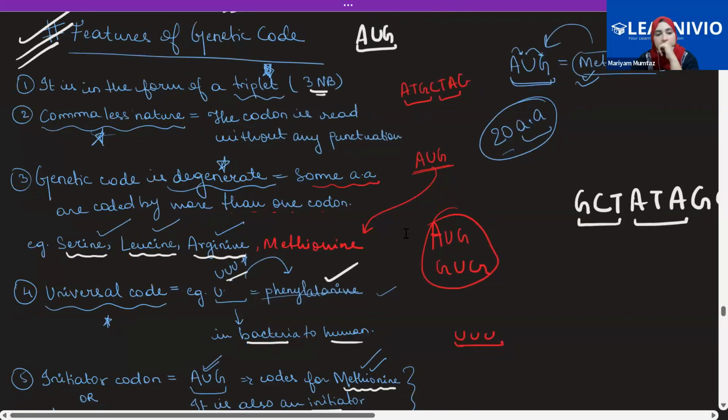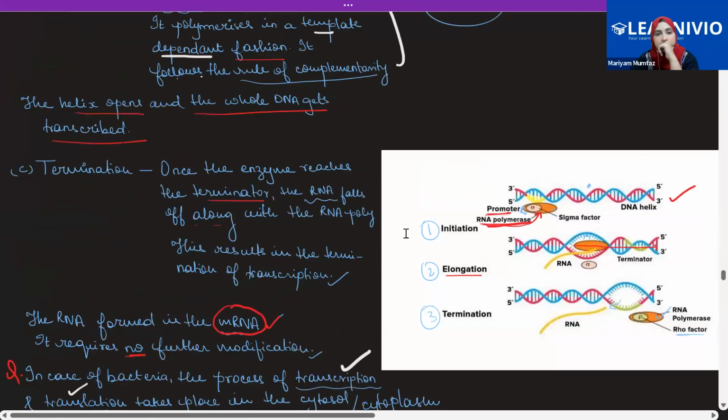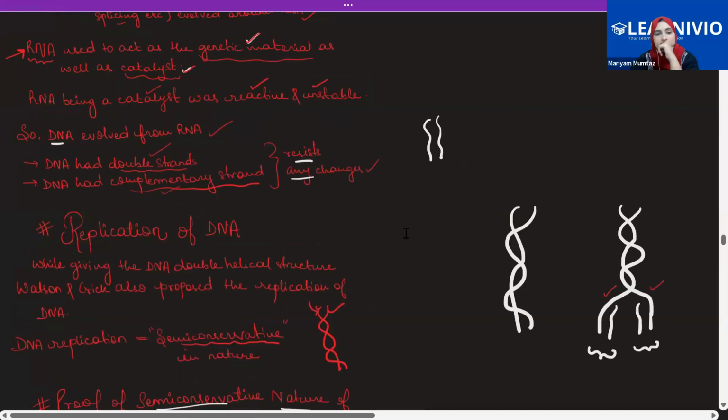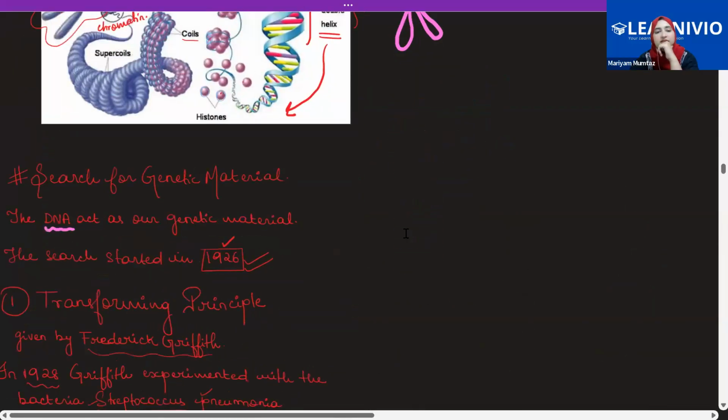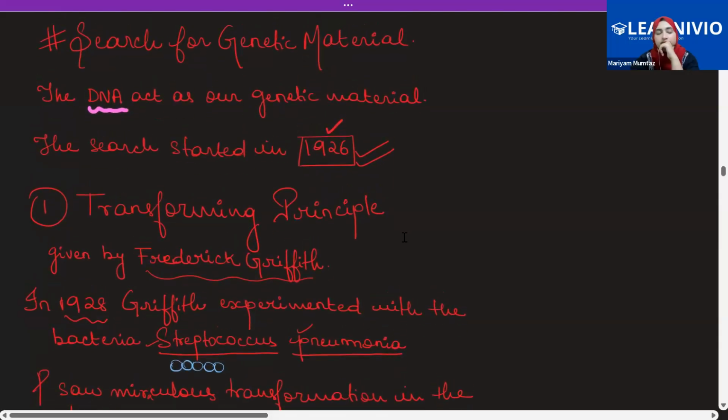I last drew the diagram of the histones and all, the DNA structure. So you have to write from the search for the genetic material, right? Yeah, from here.